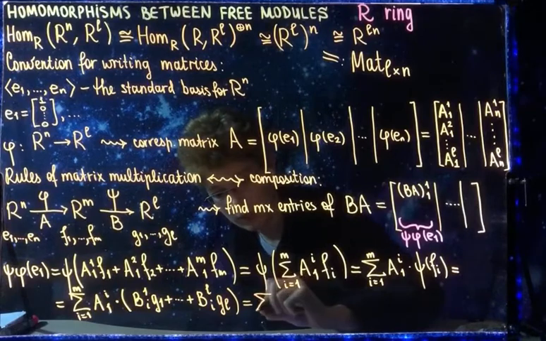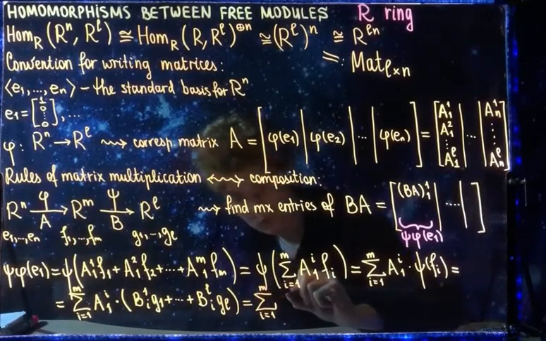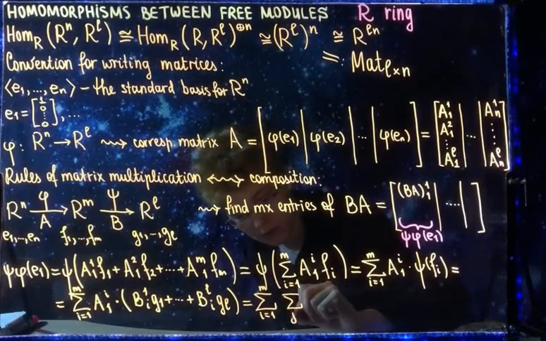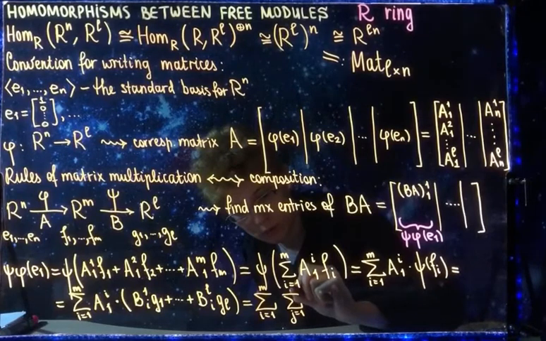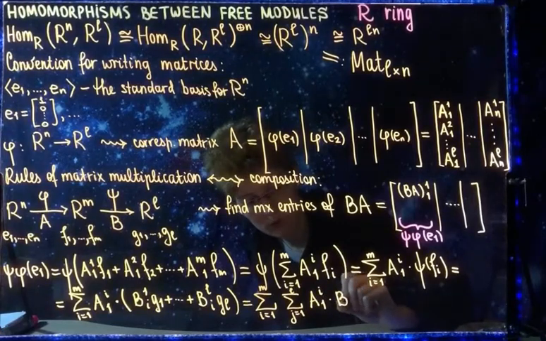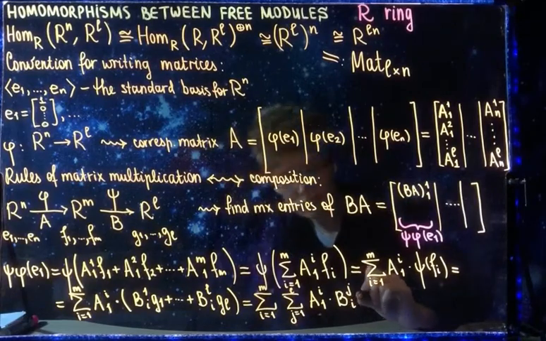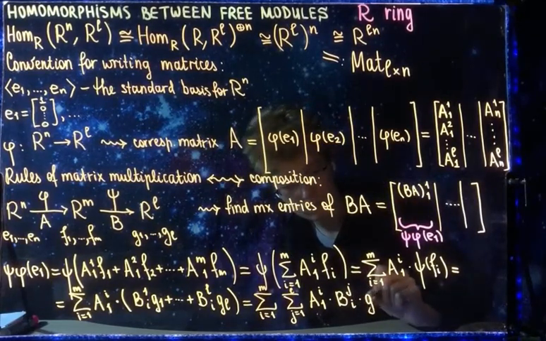And so again I can write it in sigma notation and I get sum of i from 1 to m, sum of j from 1 to l, Ai1 times Bji times Gj.